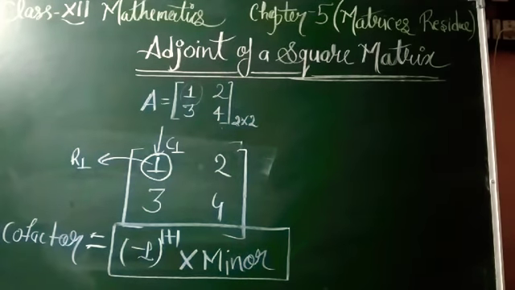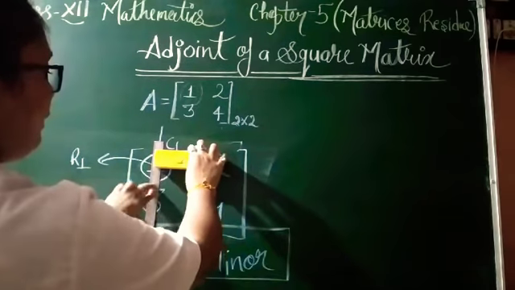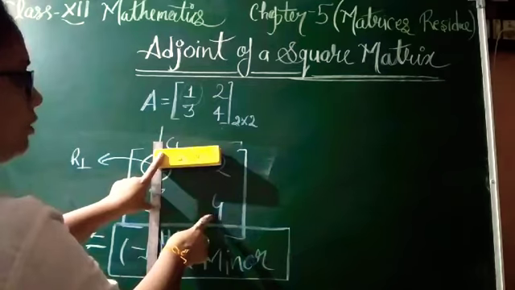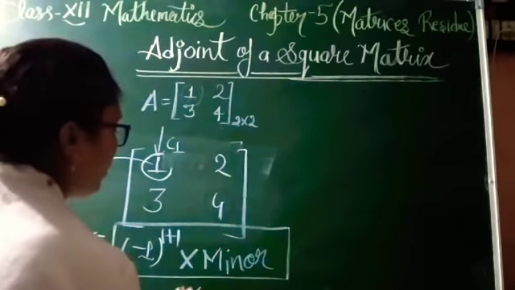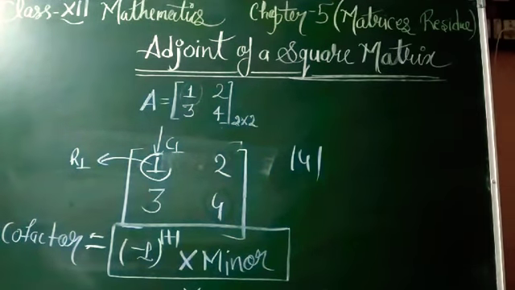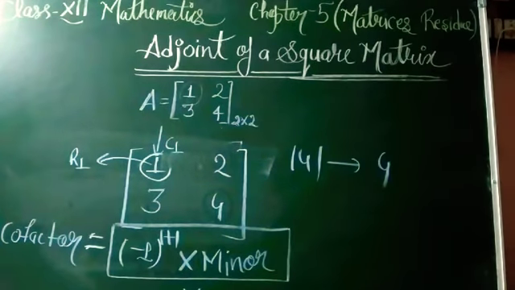How do we find its minor? We exclude the row and column and find the determinant of what remains. Here only 4 remains, and the determinant of 4 is 4 only.